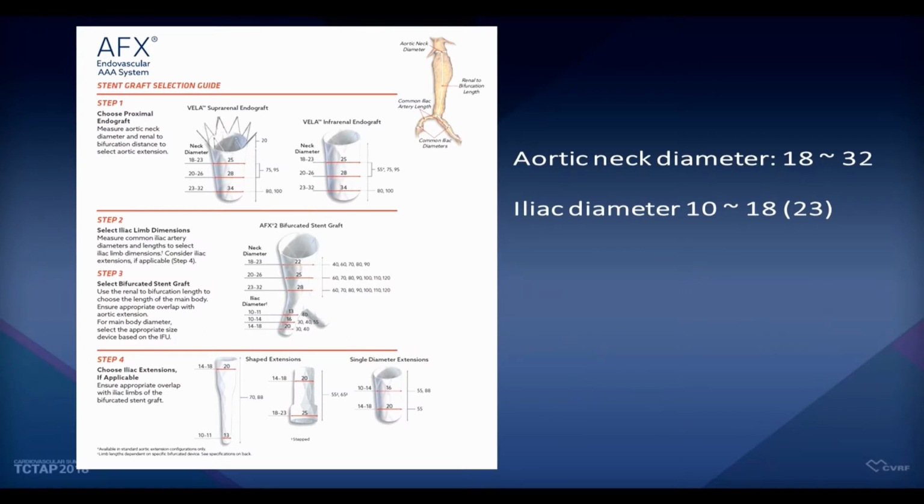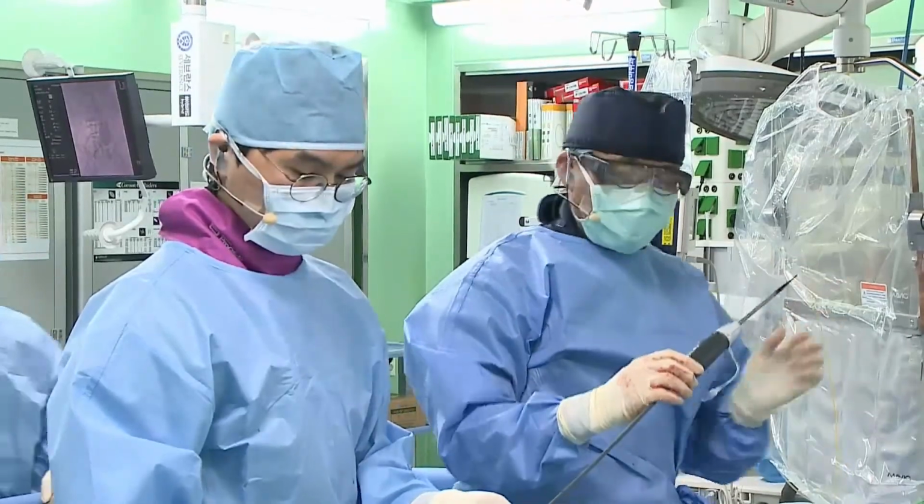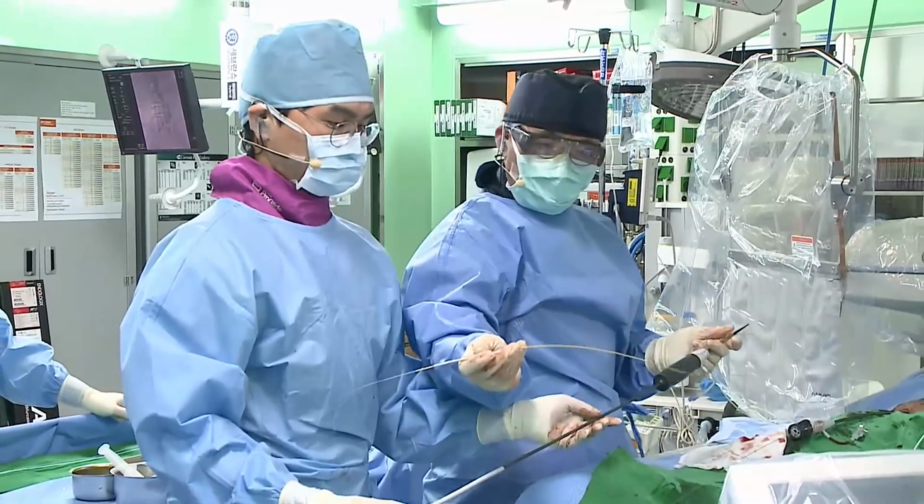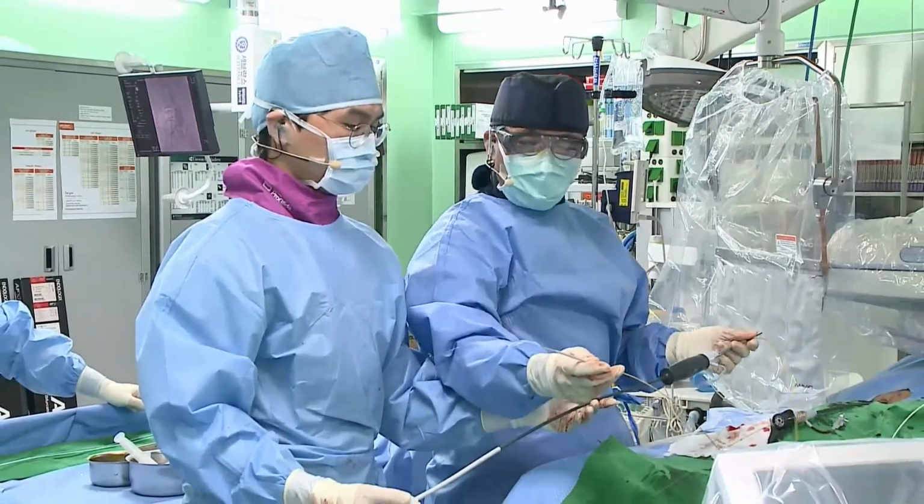So I have here the AFX2 device. This is the bifurcated stent graft. It's loaded in this caster, and it has a yellow caster with a wire.